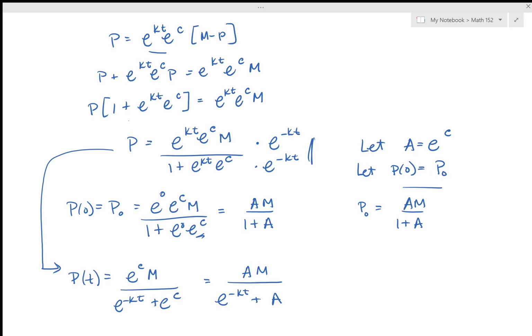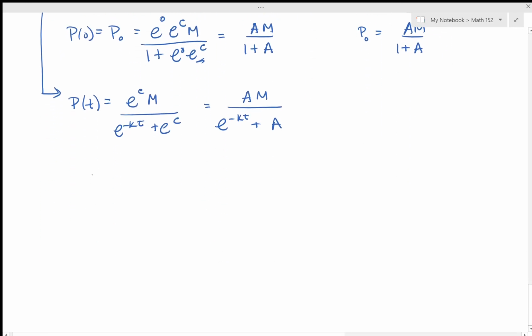So what does this curve look like? It looks like this. We have here time, and we have here population.